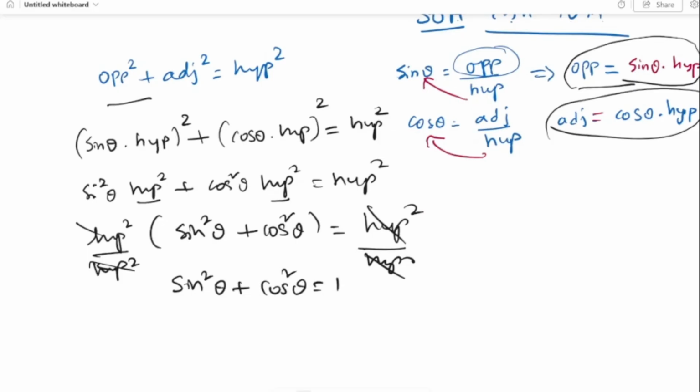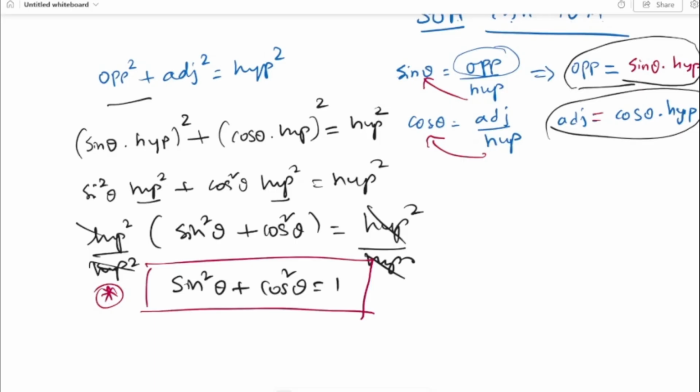Okay, what is this? This is nothing but a fancy way of saying Pythagoras. This is the Pythagoras theorem, but in terms of the ratios sine and cos. This formula I would learn by heart. Why? Because its applications are enormous.